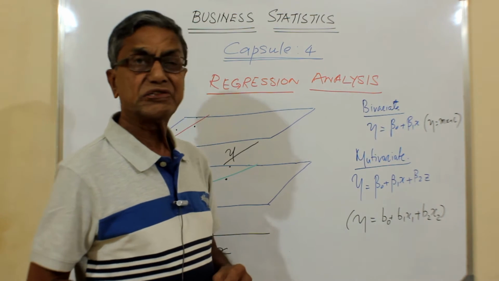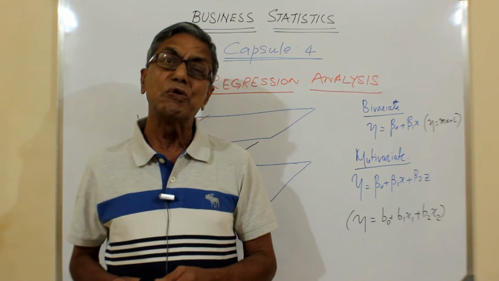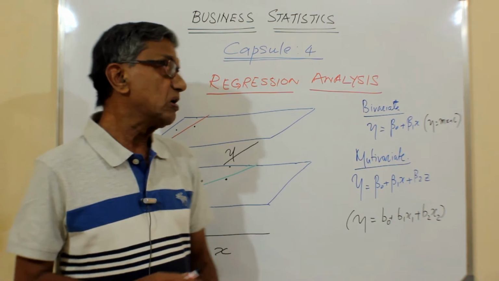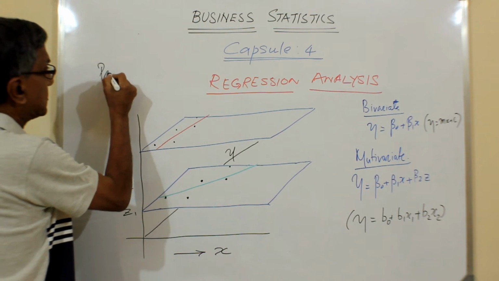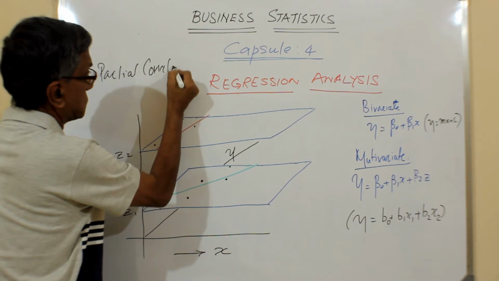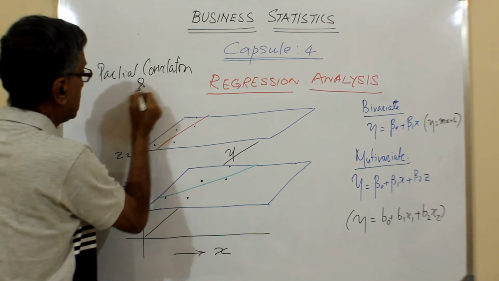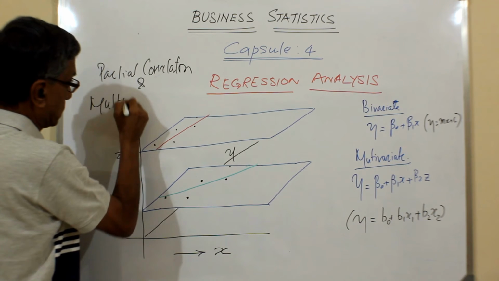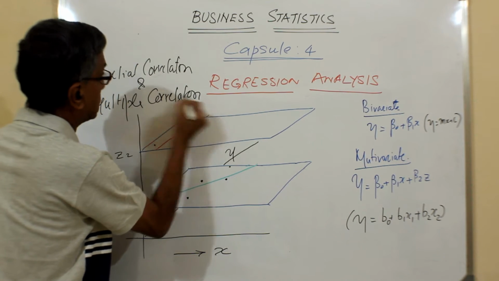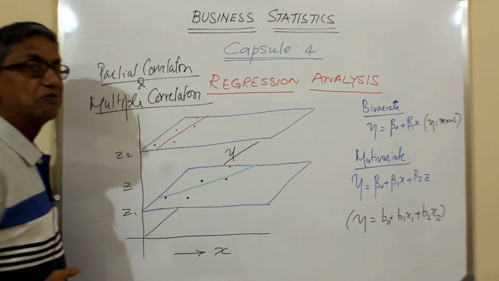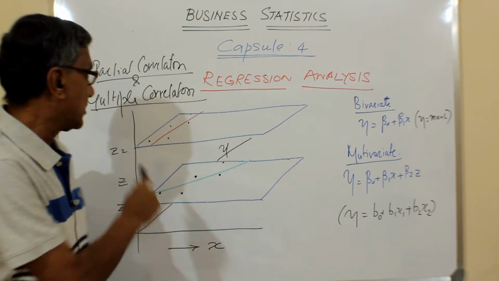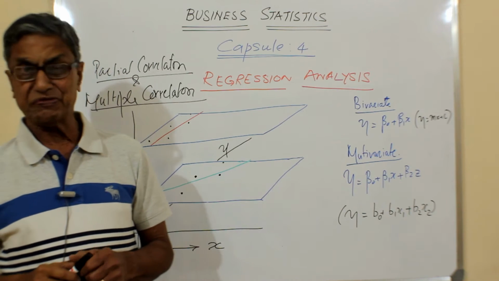Now what we will understand is multivariate data, with more than two variables, and under this we are going to call this partial correlation and multiple correlation. Under these two, we will also understand the partial regression coefficients and the multiple regression coefficient.